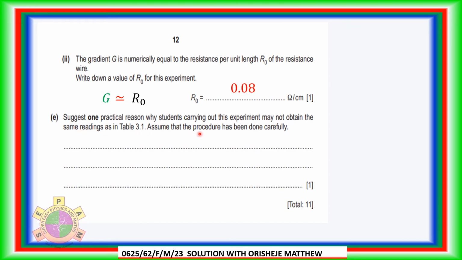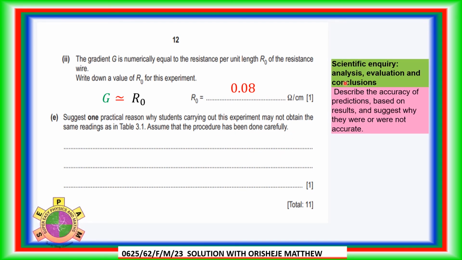Suggest one practical reason why students who carry out this experiment may not obtain the same reading as in figure 3.1. Assume that the procedure has been done carefully. This is another aspect of the course that I want us to emphasize: scientific inquiry, analysis, evaluation, and conclusion. Your ability to describe the accuracy of prediction based on results and suggest why they were not accurate.